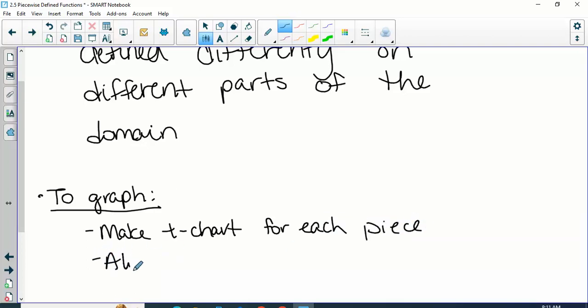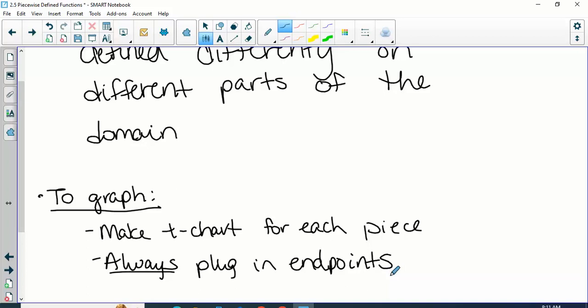When you do that, you always have to plug in the endpoints. Regardless of if they have an equal to or not, we have to include those when we make our T-chart.